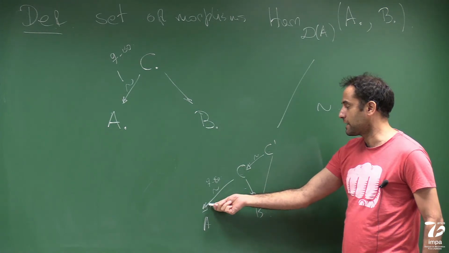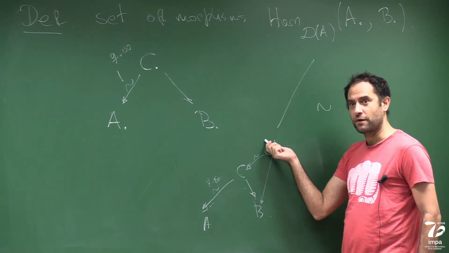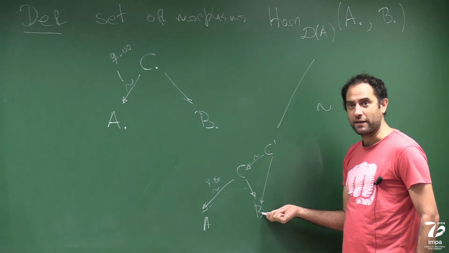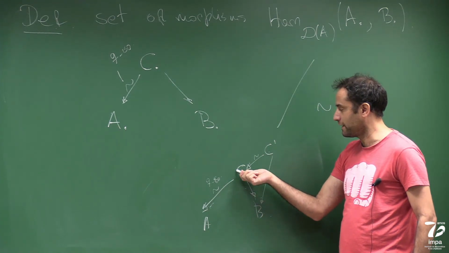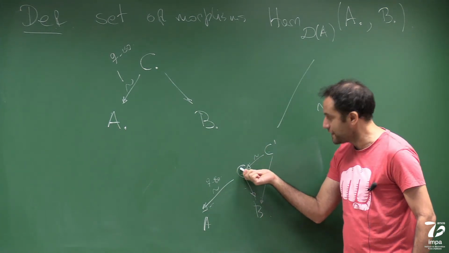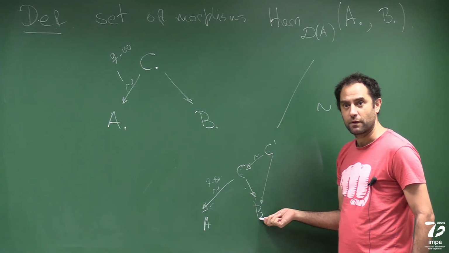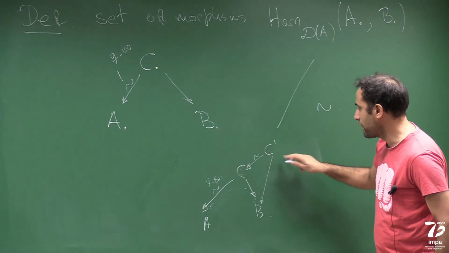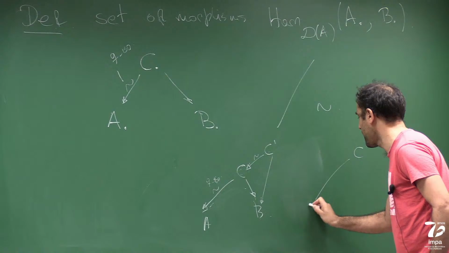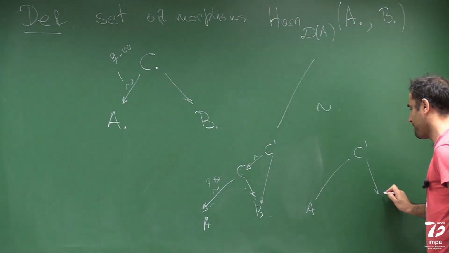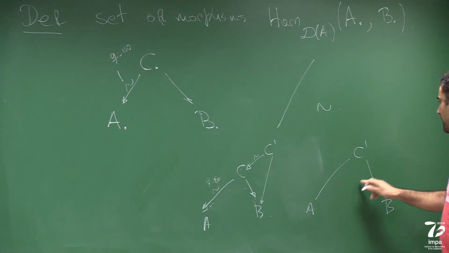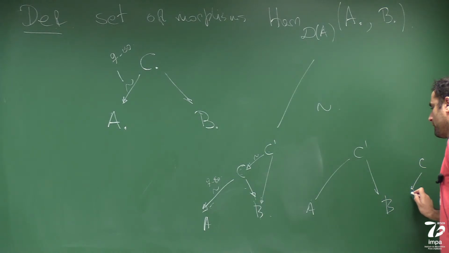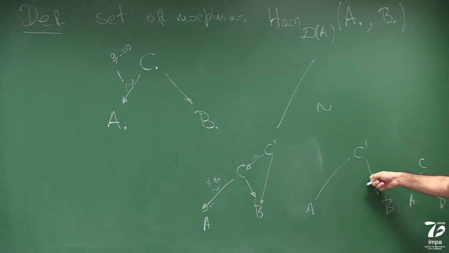But that's the same thing as just going to the inverse, and then applying this map. Because that would be the same as going like this, then the inverse, then this map, and then this map. So it's clear that this diagram, C prime A B, should be the same as the diagram C A B. So it's clear that these two morphisms from A to B should be the same.